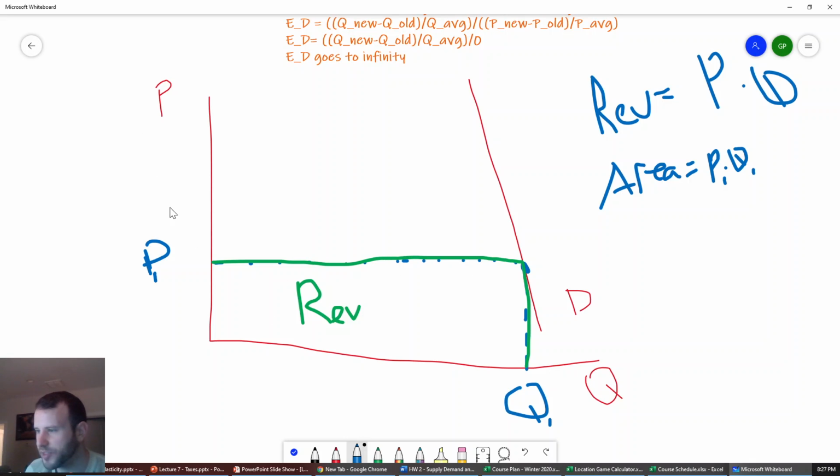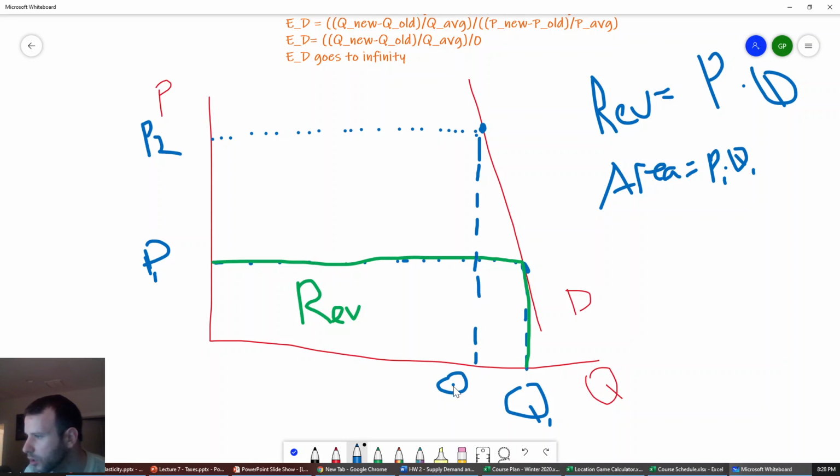Now, what if I said that the price increased to P2? Okay. Well, I go to where P2 intersects with the demand curve, and it looks like it's right here. Okay. So Q2.